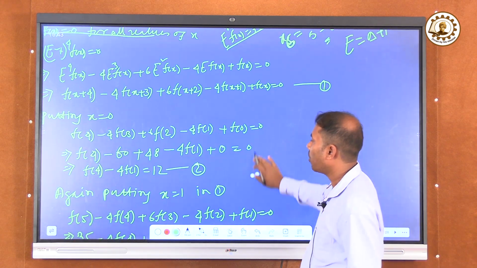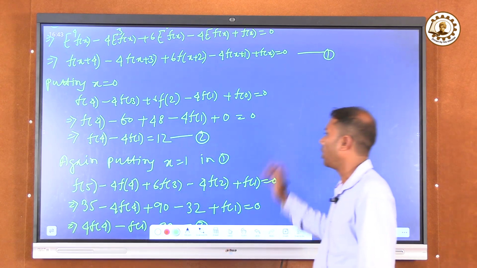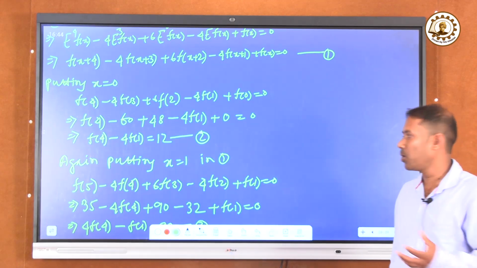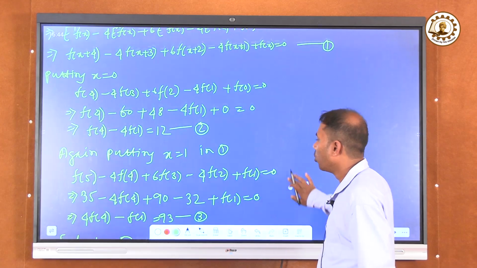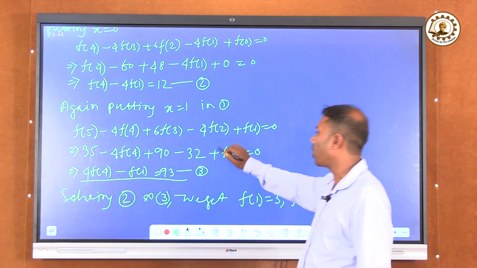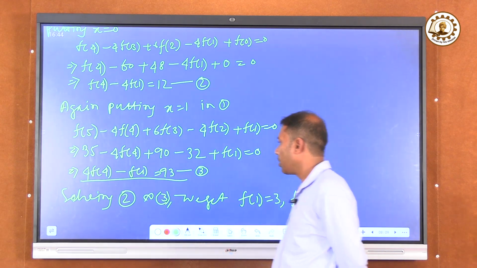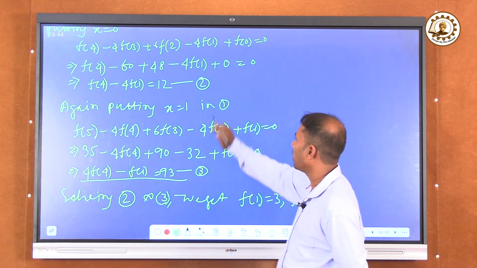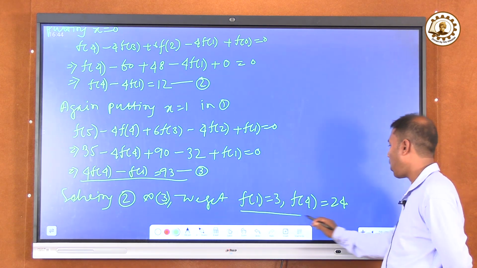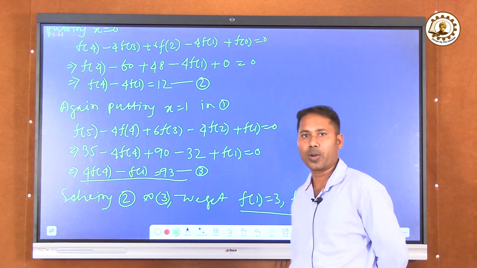So the final equation is f4 minus 4f1 equals 12. This is our second equation. Again, if we put x equals 1, we get another equation, 4f4 minus f1 equals 93. This is the third equation. If we solve 2 and 3, we get f1 equals 3 and f4 equals 24.